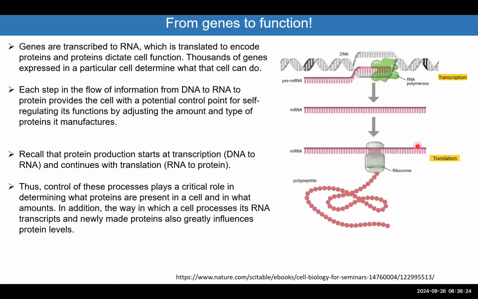Now, this gives the cell multiple level of control. The first control would be how much we are transcribing DNA into RNA, and then how much and how we are translating the messenger RNA into a protein. And therefore, you have a control on all of these steps, which in principle, at the end of the translation process, we end up having the functional units, which are the proteins which perform the function. So we mentioned this last time.